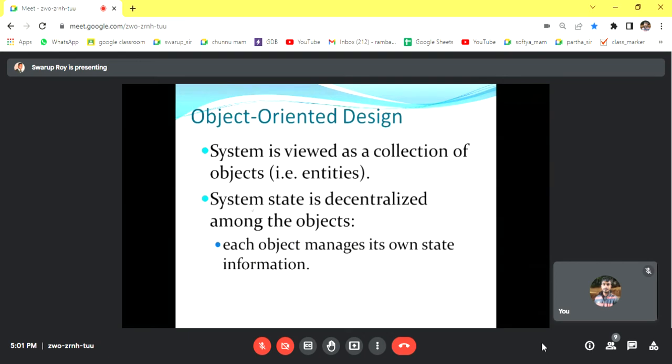Usually, object-oriented designs are decentralized, because they do not have direct access to global data structures. In the case of functions, any function can call any data structure, so they are more centralized. But in object-oriented design, they are decentralized.